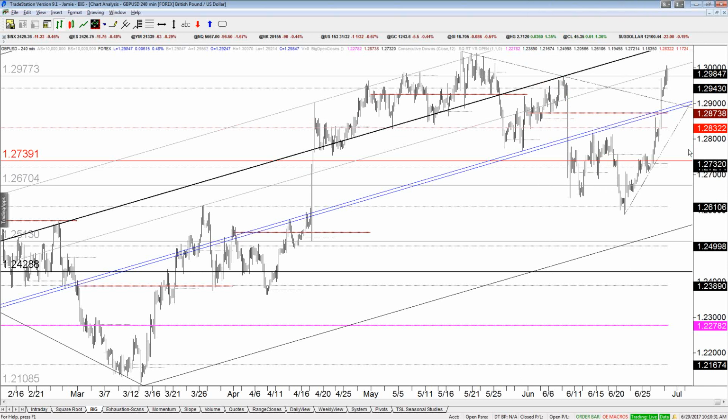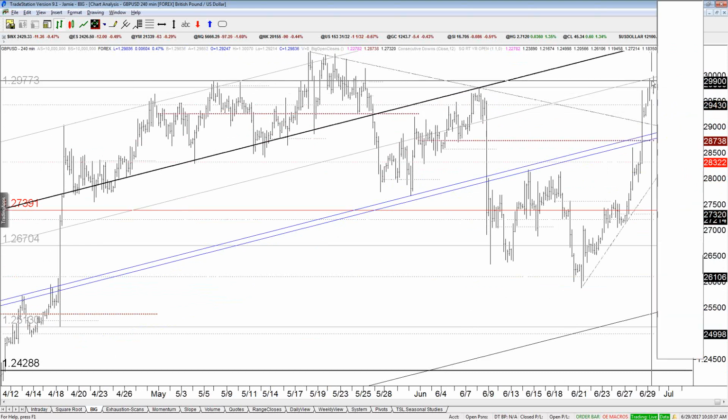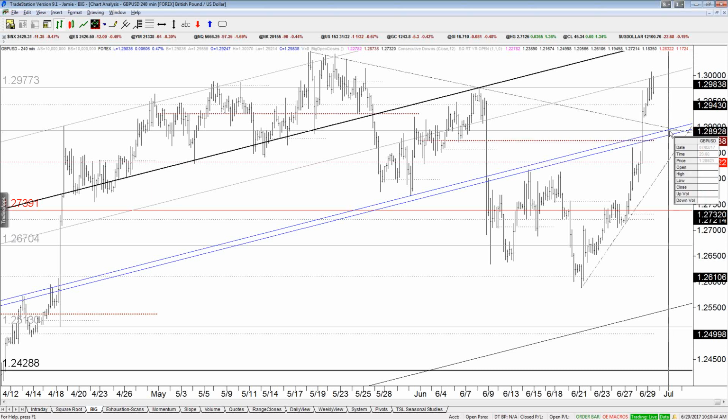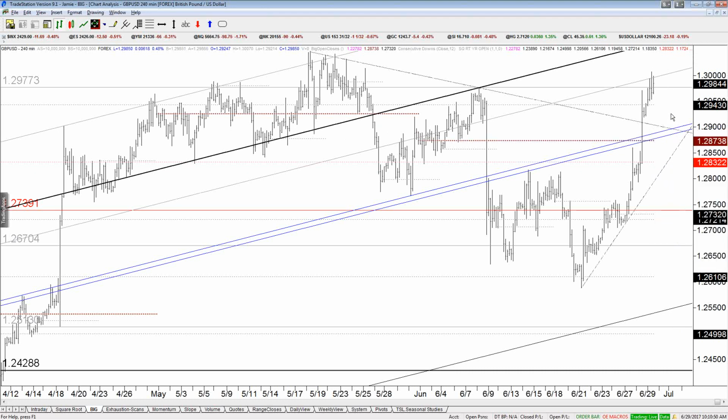So I do think, well, I shouldn't say I think because you never really know, but this is the setup in any case, right? You get a dip right down to here. Maybe it happens next week, I don't know, but it's going to be around 129. Okay.